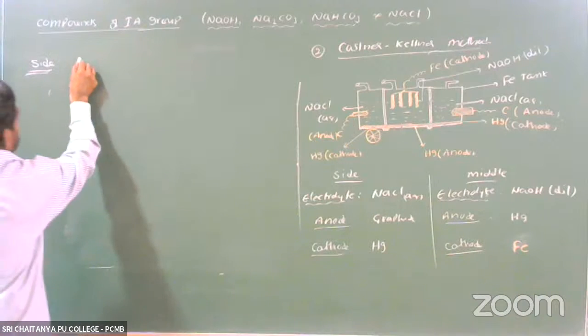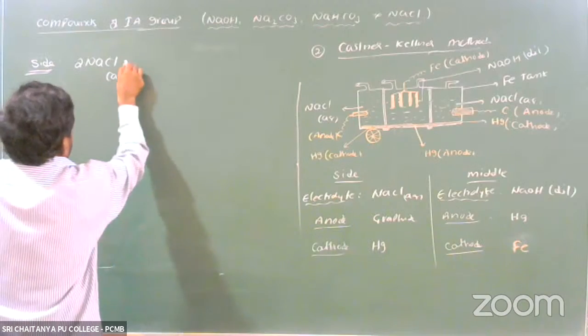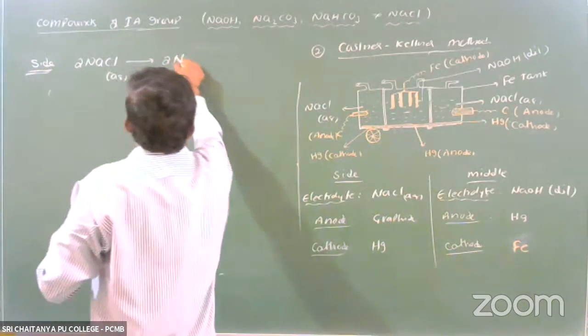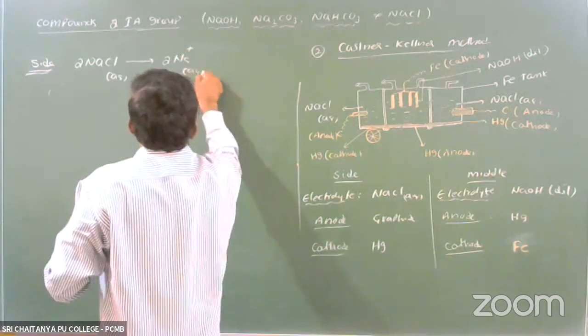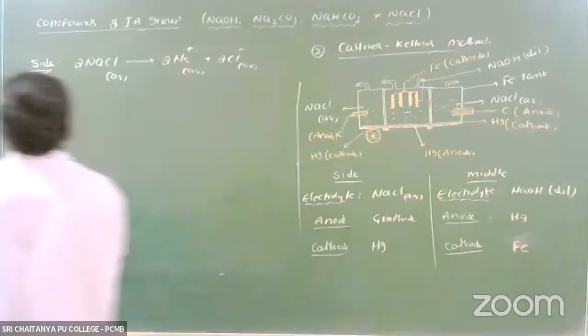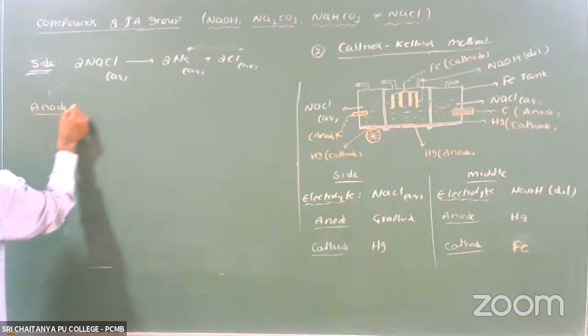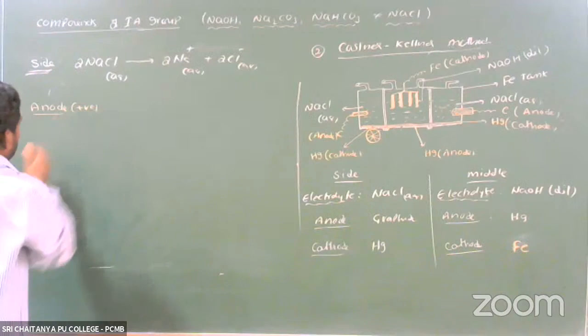Aqueous sodium chloride, NaCl, is ionized to Na plus and Cl minus ions. The Cl minus ion is an anion. Anion goes to anode because anode is the positive electrode.